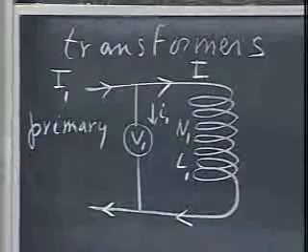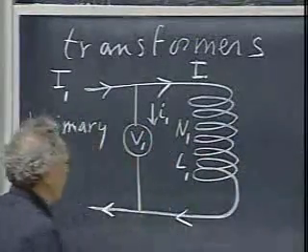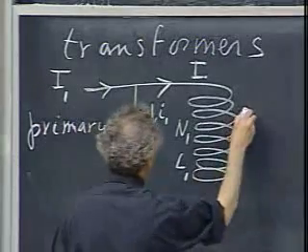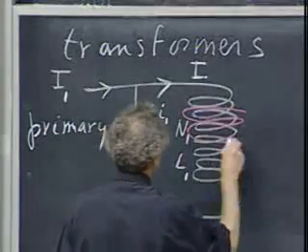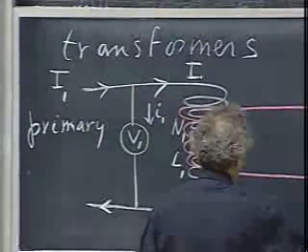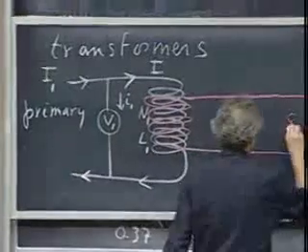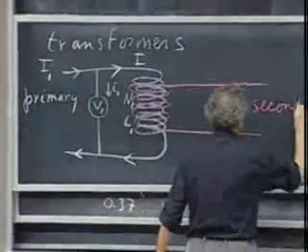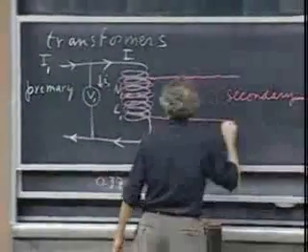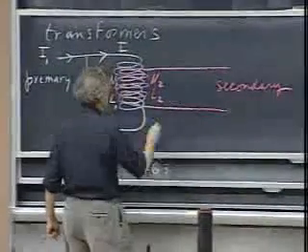So that's the primary. Now we have a secondary, which is wound in such a way that there is a magnetic flux coupling between the two. This is the secondary. It has N2 windings. Self-inductance is L2.